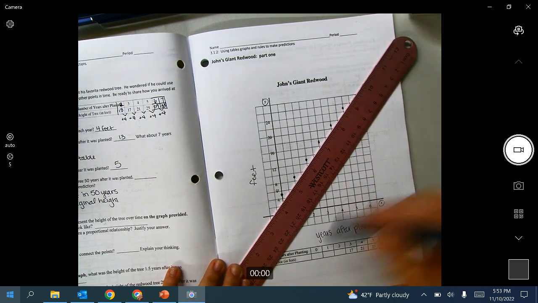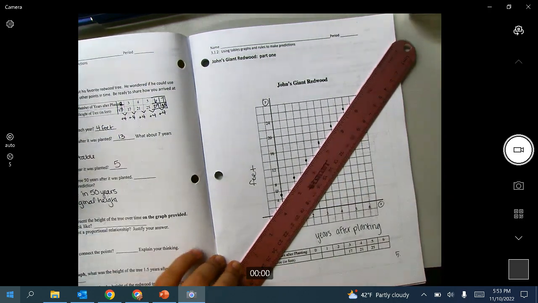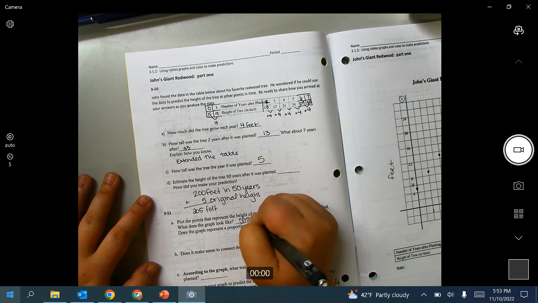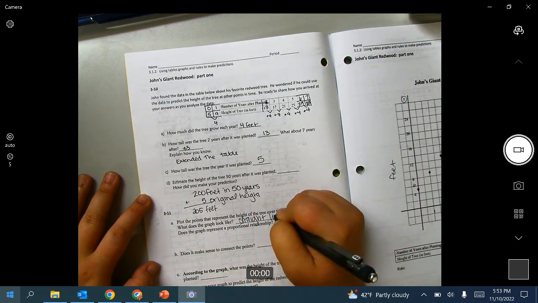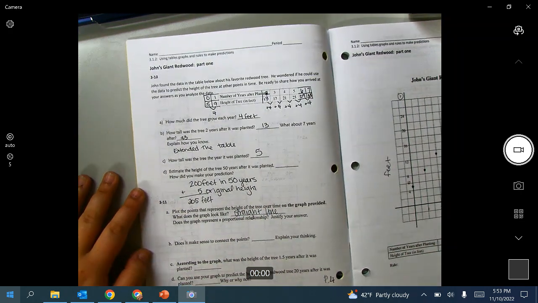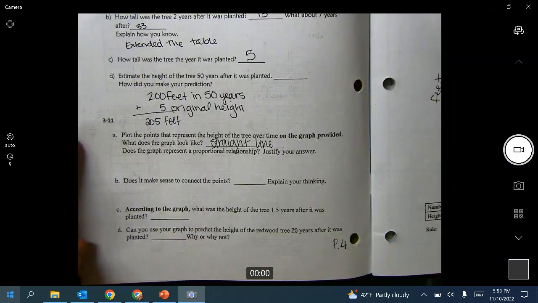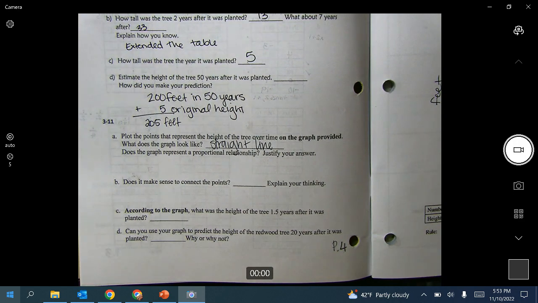Okay, this line is completely straight, going up at a very steady amount. So it is a straight line. And we'll be reviewing what proportional relationships are a little bit later in this unit. Well, technically this should have been last year, but we'll review that in a little bit.